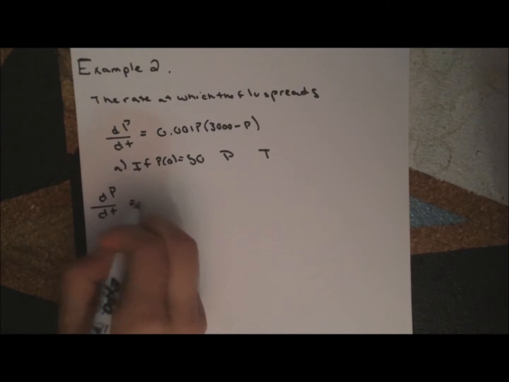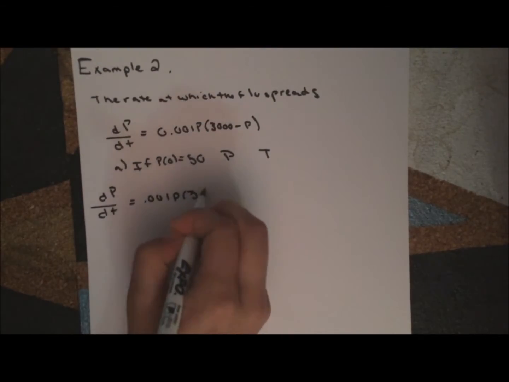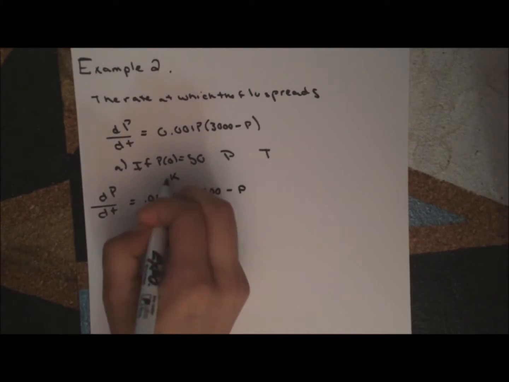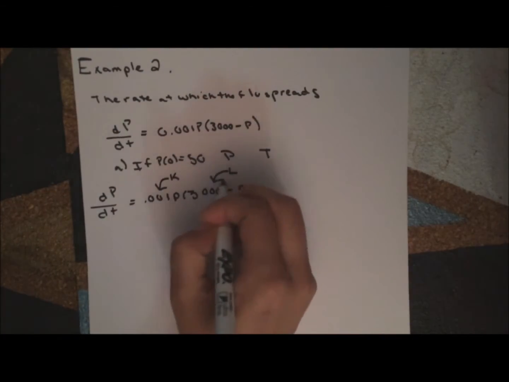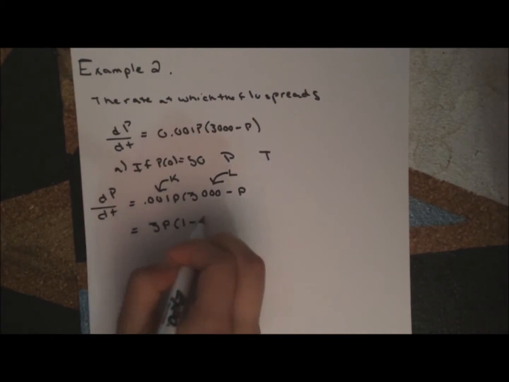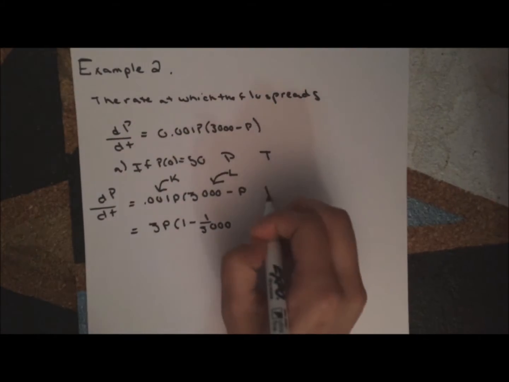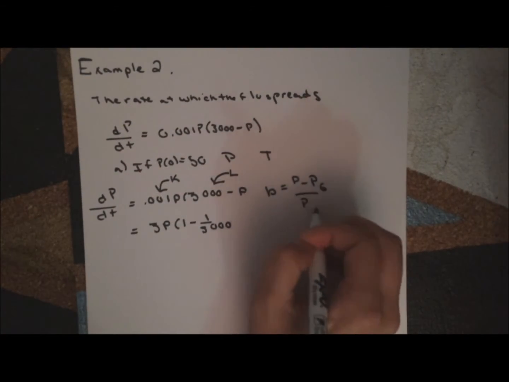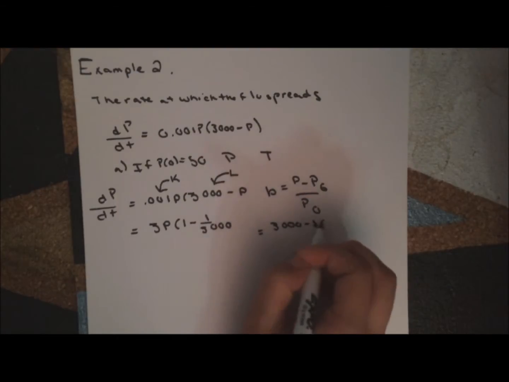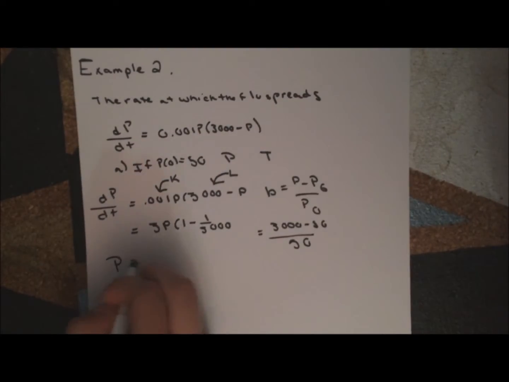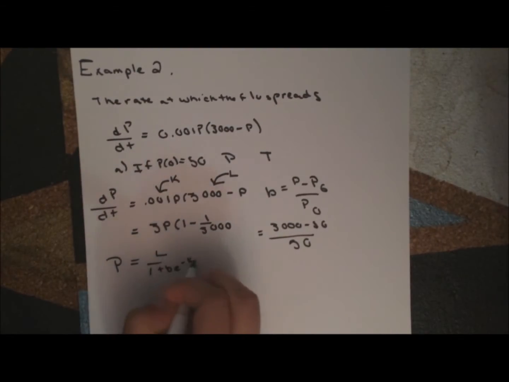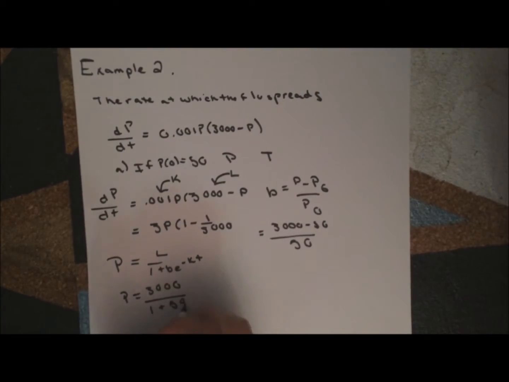So here we start with the formula we're given, and we'll compare it to a formula we had before. So 0.001 is k, and 3000 equals L. Therefore, the equation can be rewritten as such. Since b = (L - P0)/P0, substituting in, we find b equals 59. Finding all of our variables, we found that P = 3000/(1 + 59e^(-3t)).